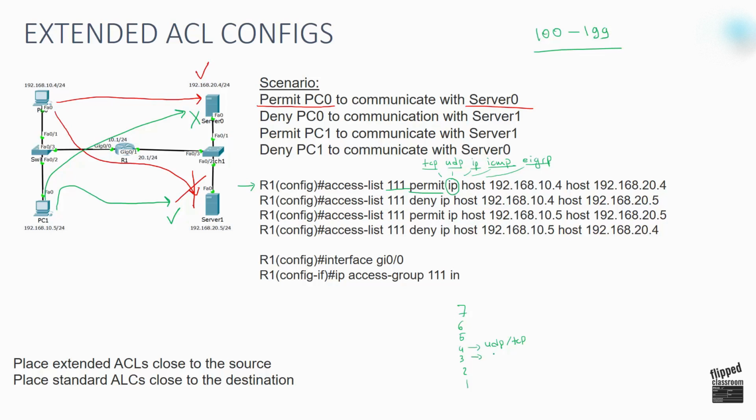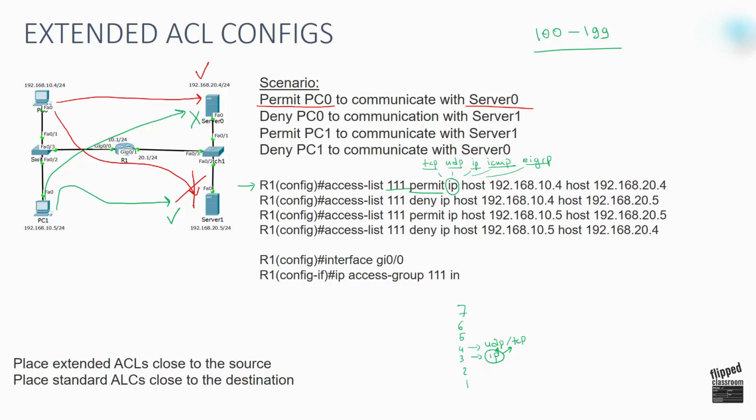In the third layer of our model, we have the IP protocol. So when you select IP protocol, you are selecting both TCP and UDP, and you cannot filter by destination port number.